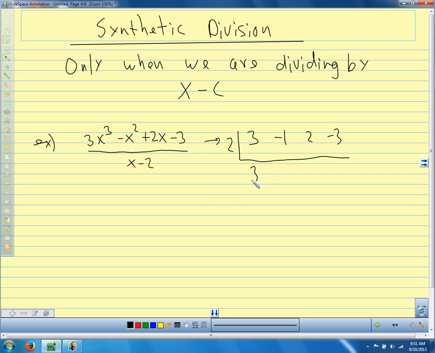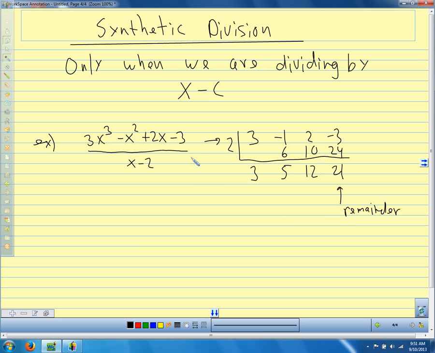I bring the 3 down, multiply, then add. 21. This is my remainder. The last number is my remainder.